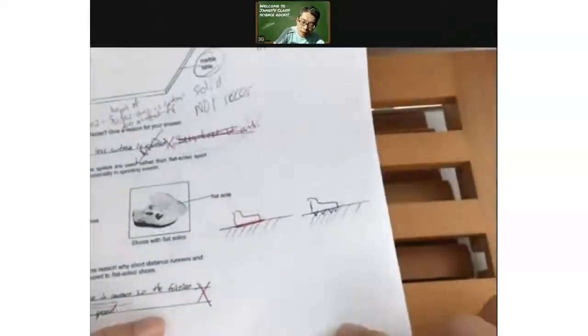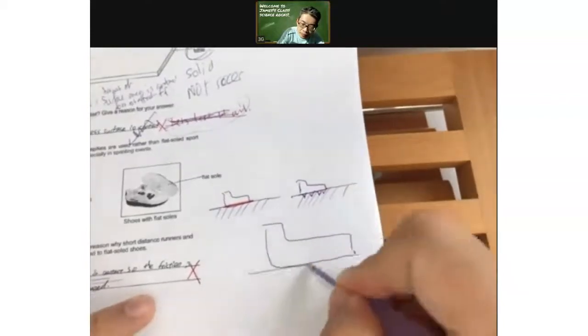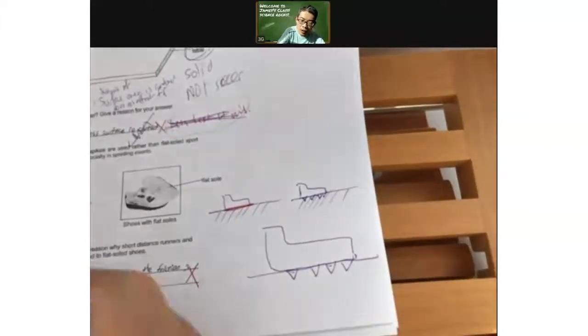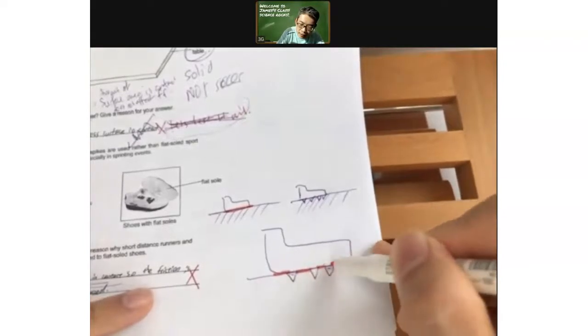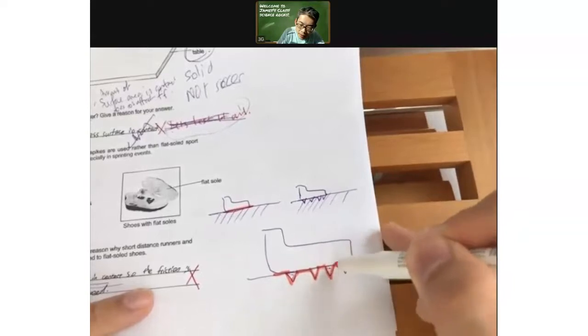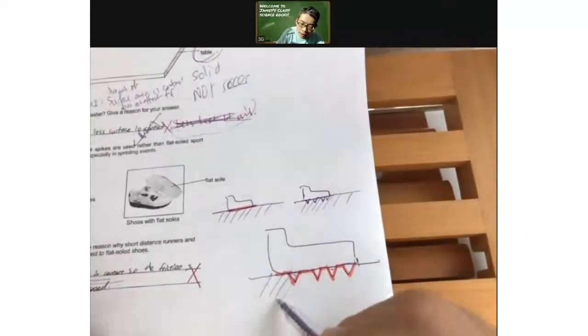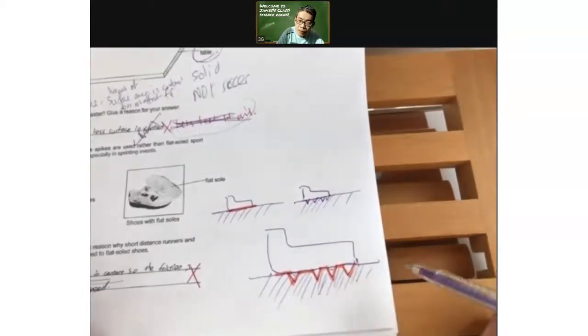But if I were to wear spike shoes, try to draw the same size here. Like there are spike shoes. Now I'm going to zoom this in, okay? Bigger right now. Now I notice that the surface is no longer just this part in contact, but also this part in contact. In contact with what? With the ground. And when it's a soft ground like grass, like soil or track, it will be this rubberized surface.